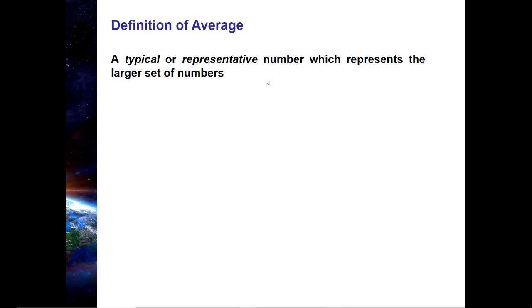All right, and once we calculate an average, that helps us to get a sense of what our data looks like. So when we calculate an average, we're calculating a descriptive statistic. So remember that descriptive statistics describe or summarize a larger set of numbers so that we can make sense out of it.